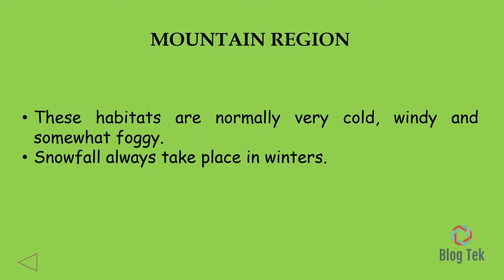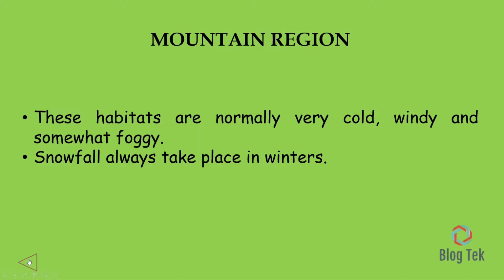We all know snowfall is a very common word, it always takes place in winters. You can also take an example of it from its name, snow. It's only in winters.